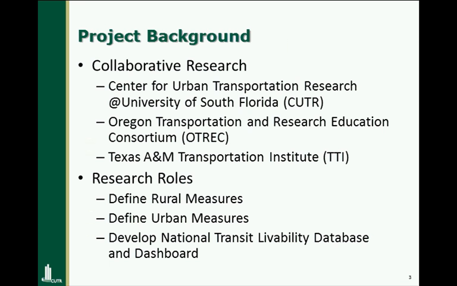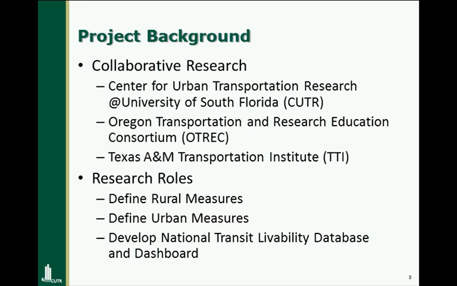Some project background. This is a collaborative research effort that we worked on with the Federal Transit Administration between Qatar, the Oregon Transportation and Research Education Consortium, and Texas A&M Transportation Institute.